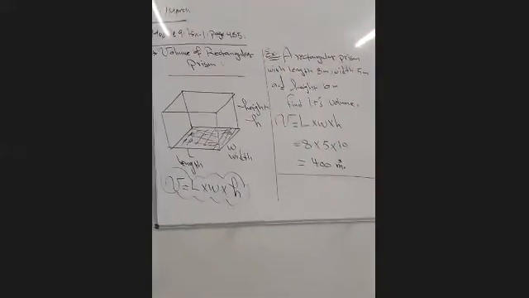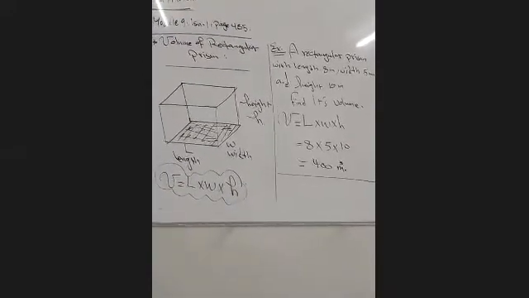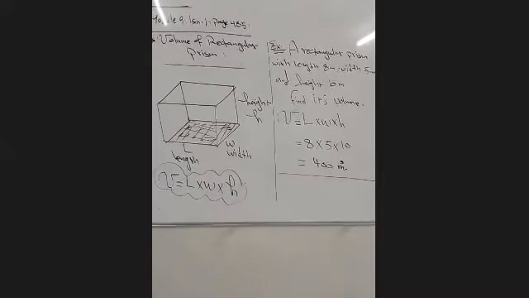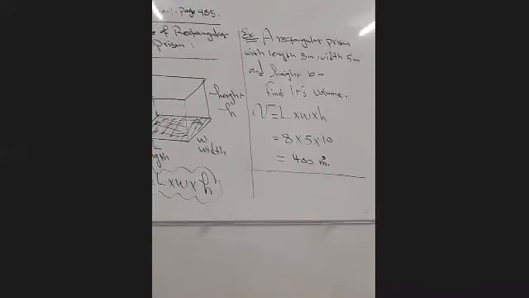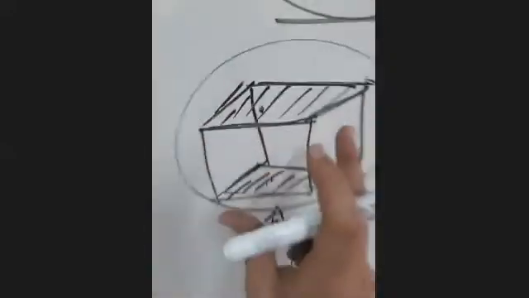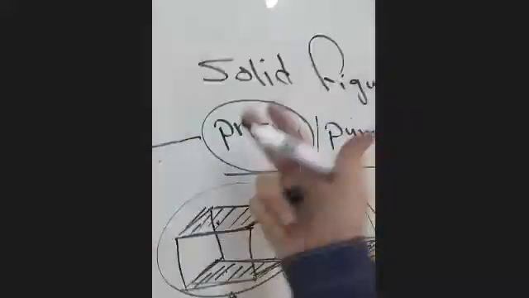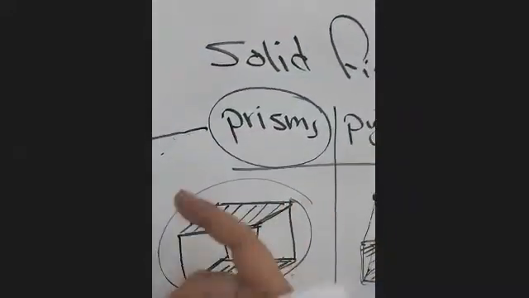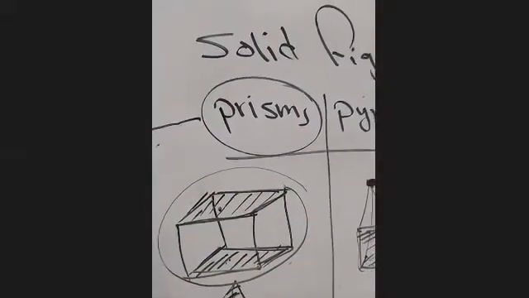Okay, Rayyan. Mister, you said like in the first, V equals B, capital H. Yes. What do we write? It's in general for any prism. But here I'm talking about a special case, which is the rectangular prism. For any prism, to find the volume, find the area of its base, multiply by its height. I said that.